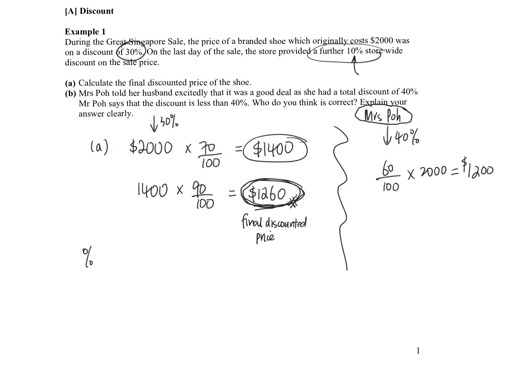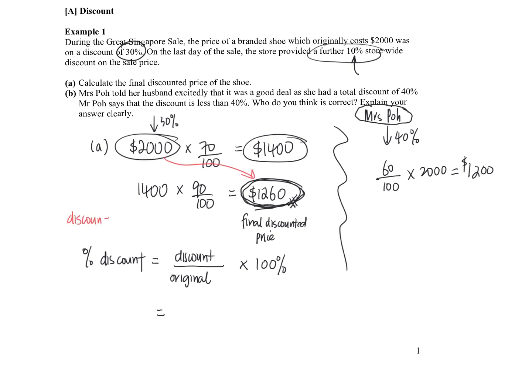So how to find percentage discount? What's the formula? Discount over original times 100%. So from 2000 drop to 1260. What's the discount? Go and calculate. 740, right?